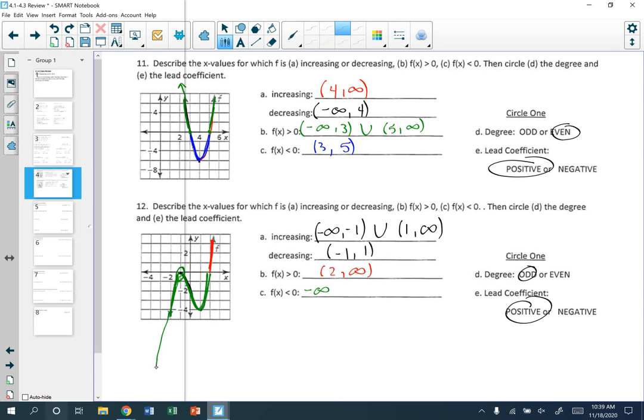It's just going to keep going. So from -infinity to that point, -1, and then again, -1 to the point 2. And we're going to connect that with a union symbol because it is equal to 0 at -1, not less than. So that's why we cannot include -1.